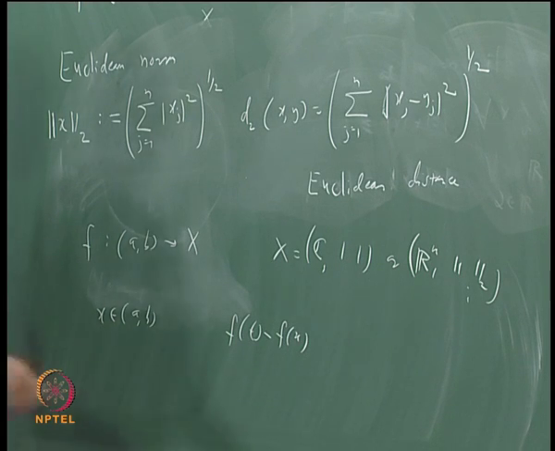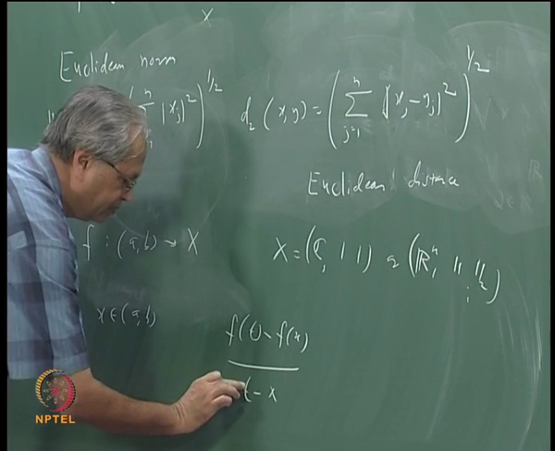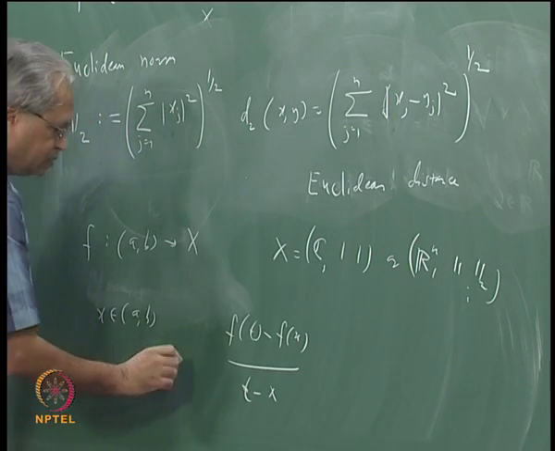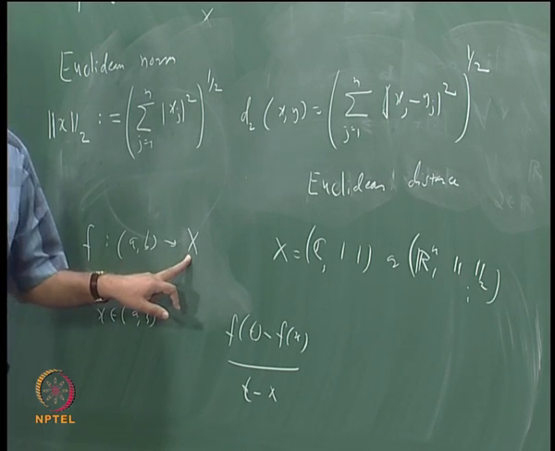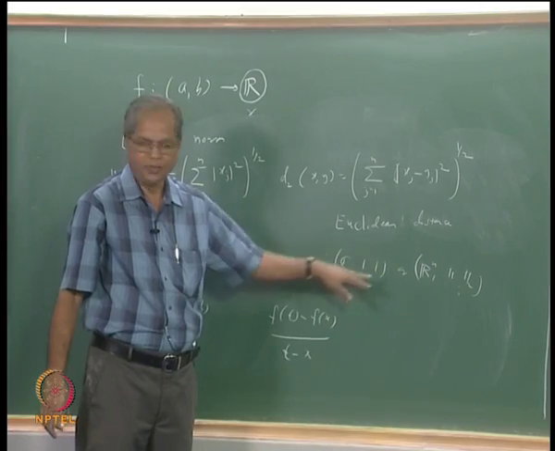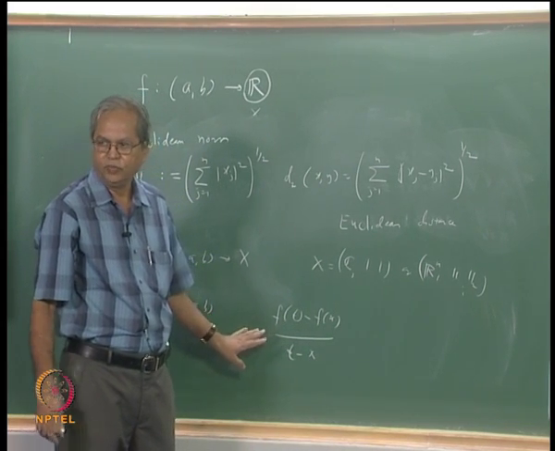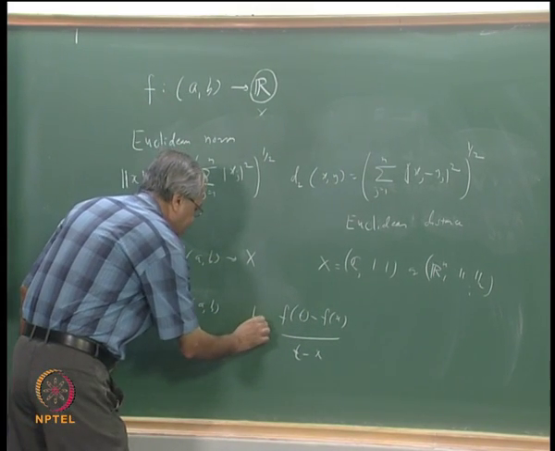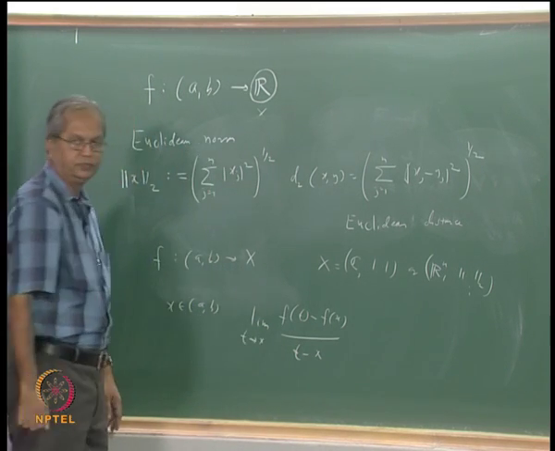I will take f of t minus f of x divided by t minus x, and now all this makes sense: even though f of t and f of x are in X, f of t minus f of x is well defined, and dividing by t minus x is also well defined. Now we think of the limit of this as t tends to x.